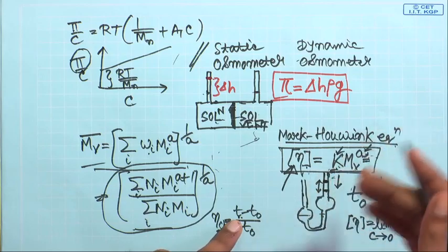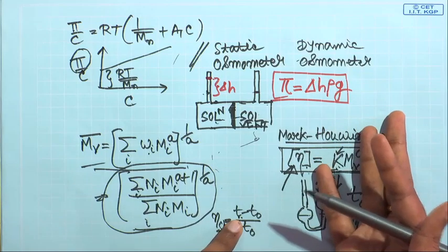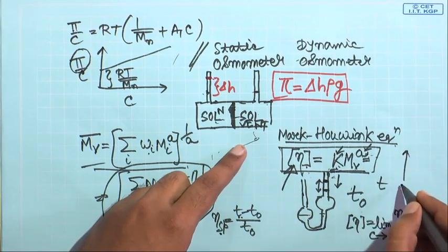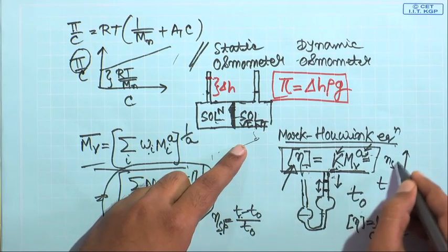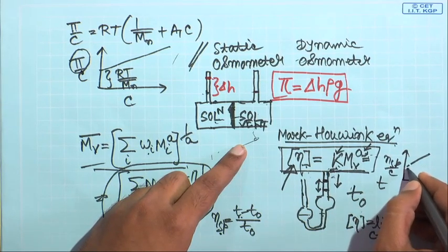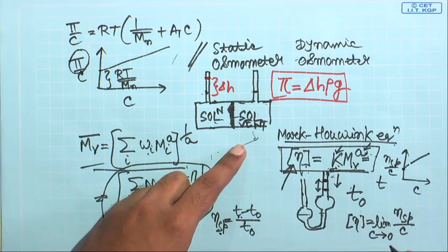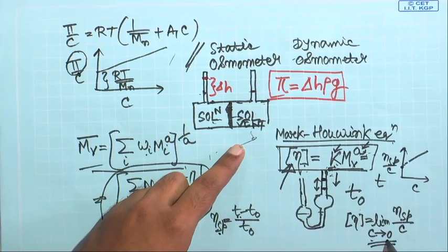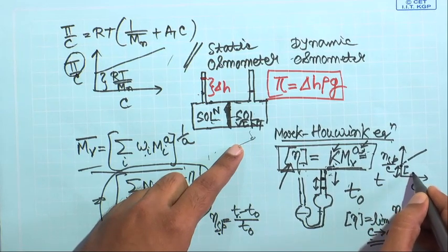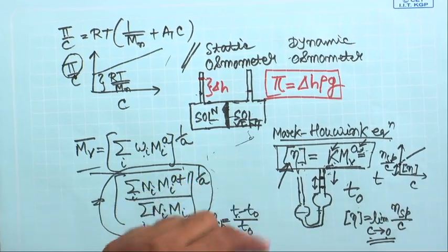For those t1, t2, t3, t4 you can find the corresponding values of eta specific, and then you plot eta specific divided by C as a function of concentration. It will be something like this, a straight line, and then you extrapolate that to 0 concentration. In the limit of C tends to 0, this value here will be your intrinsic viscosity.